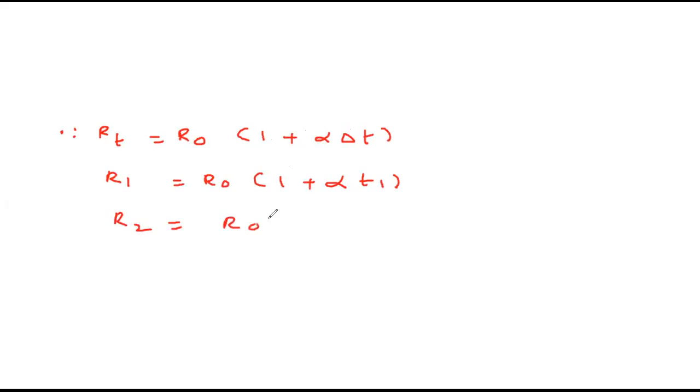Since RT is R0 (1 plus alpha delta T), R1 will be R0 (1 plus alpha T1), and R2 will be R0 (1 plus alpha T2).